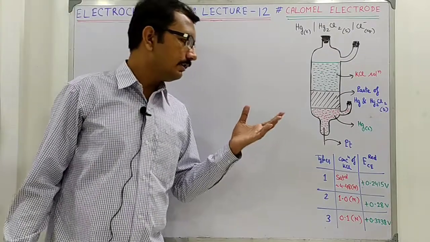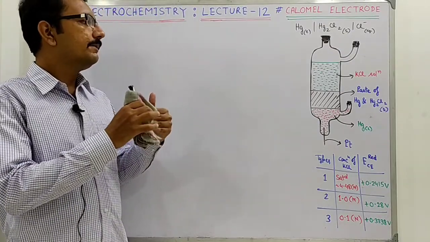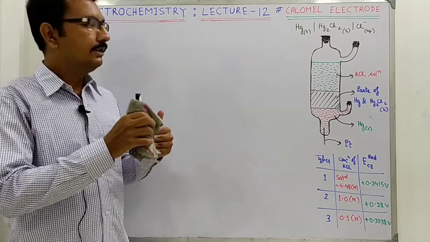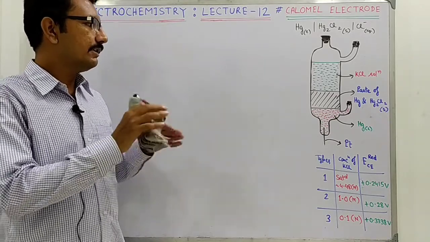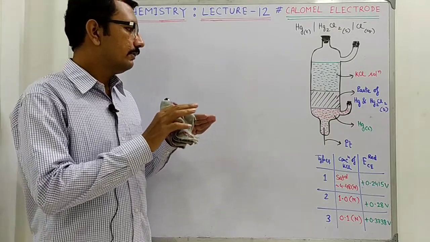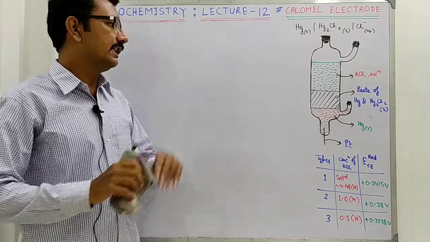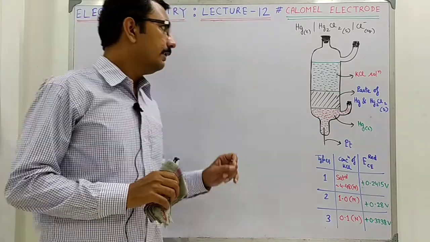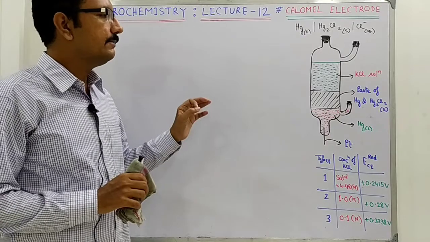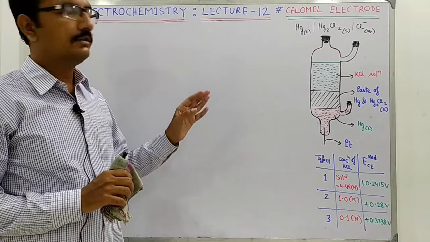Now what is the necessity of using different types of reference electrodes? That is the purpose of this lecture, and also we will know the details of the Calomel electrode, which is the most used secondary reference electrode.